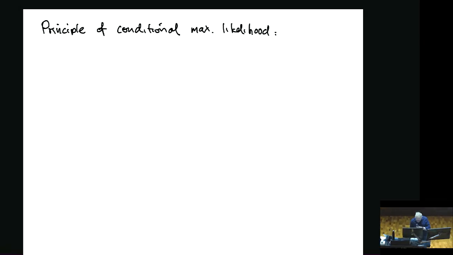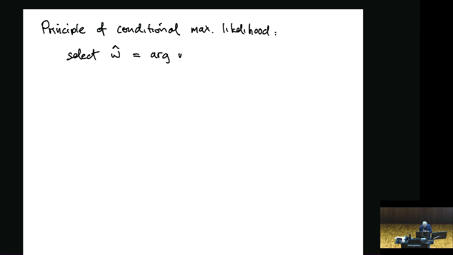So I'm just going to say, according to this principle, we're going to select some w hat, the thing we need to learn, because we know that's the form of our model, which is going to be the argmax. So find a w that is a maximizer for the product over all of the data points.